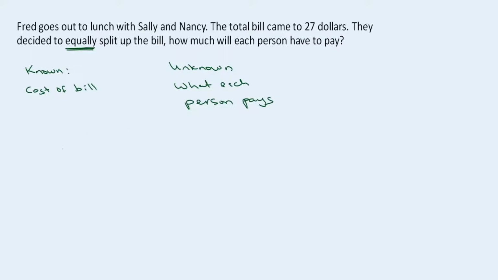So what we end up doing here is each person pays 27 divided by 3, because we have $27 and we need to split it equally among the 3 friends who went to lunch. So this is going to be 9. 9 times 3 is 27. So each person pays $9.